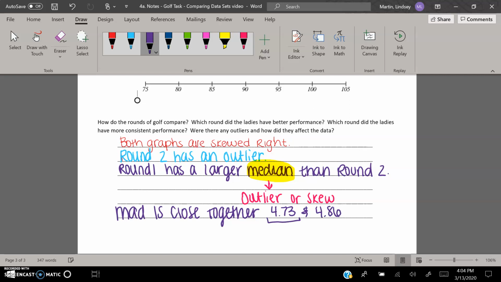Round 1 was a little bit less spread than round 2. So the less spread is round 1, the more spread is round 2, because our MAD is higher for round 2 than round 1.